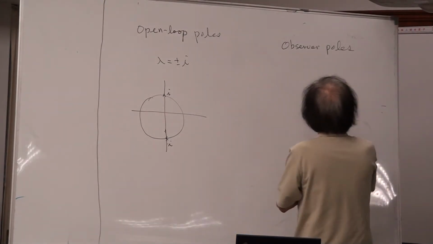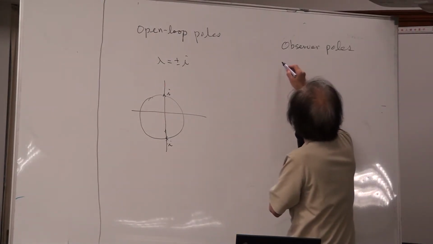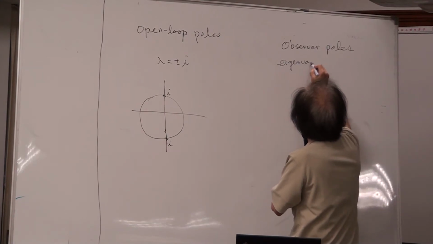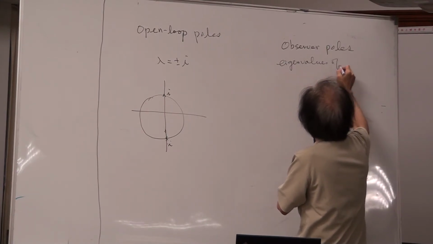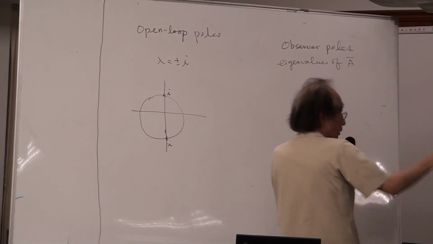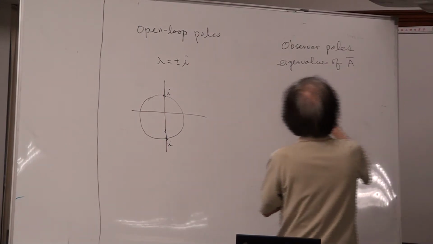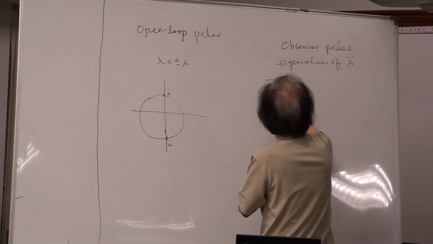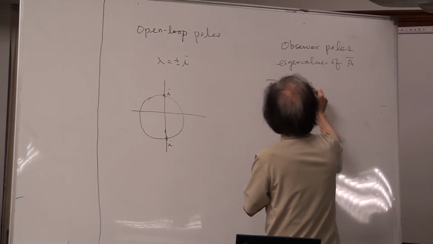And for observer poles, that's the eigenvalues of A bar. Now the A bar is equal to A plus GC.